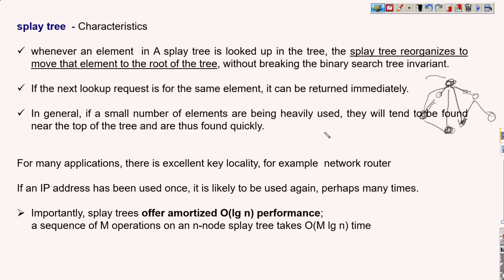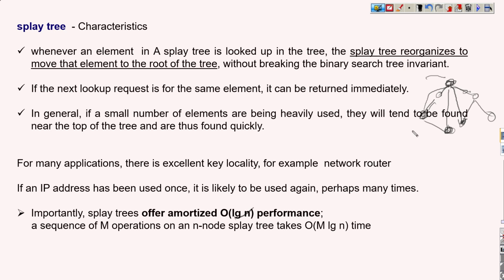So if you look at the cost of these operations entirely, if we look closely, we will realize that amortization can be done. With experiment, it has been found that the amortized cost of a splay tree is log n, because initially you may be doing operations which may be costly.